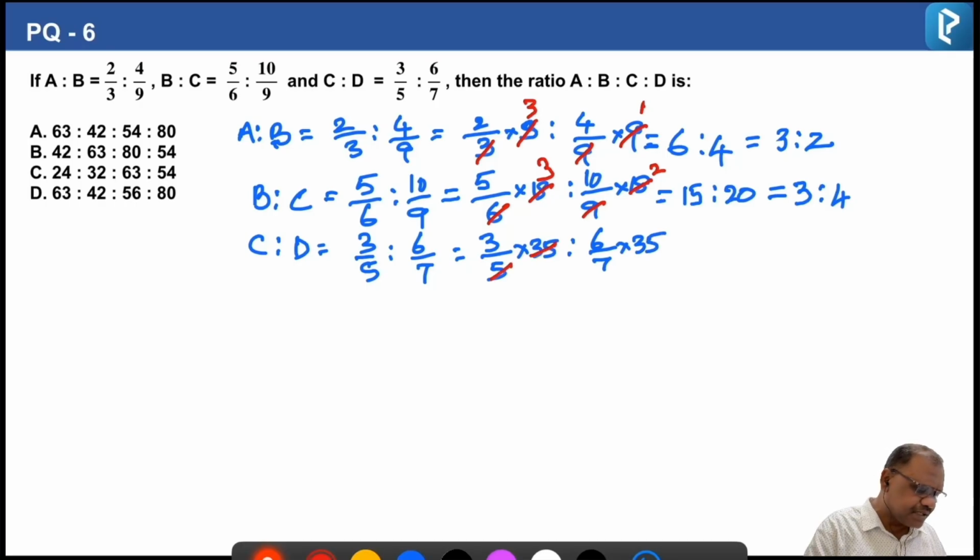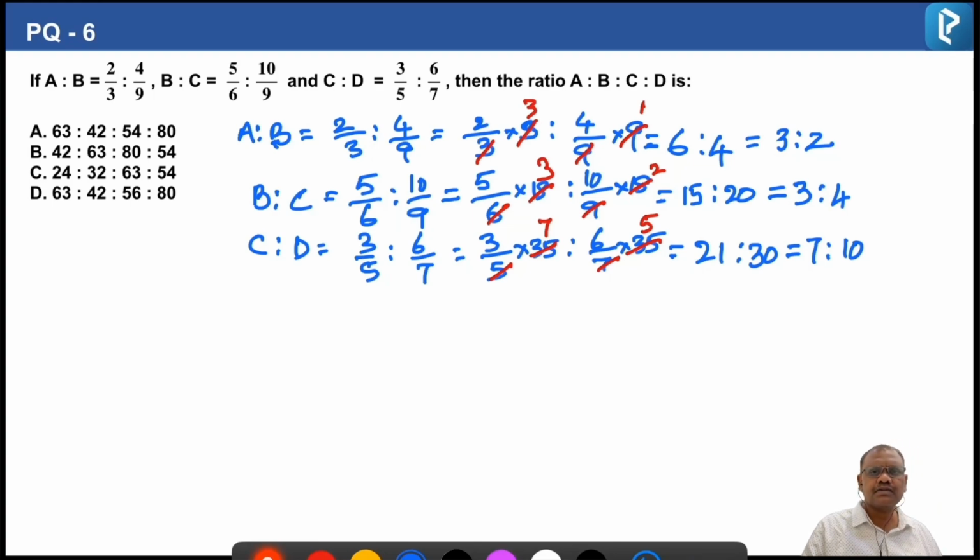So that is 3 7s are 21, 6 5s 30. 21 and 30, both of them are divisible by 3. 3 7s are 7, 3 10s are 10. So now we got the three ratios. We need to combine them.